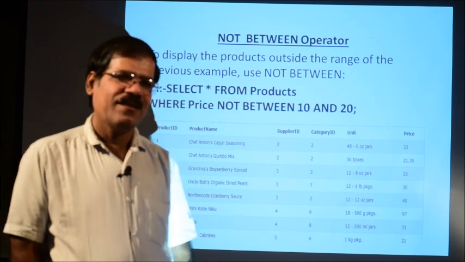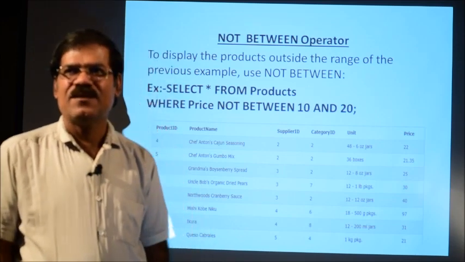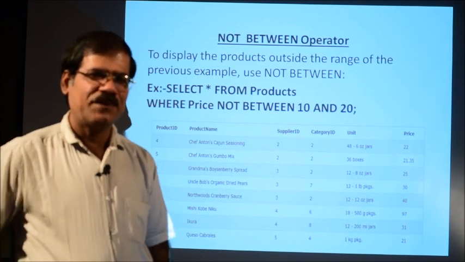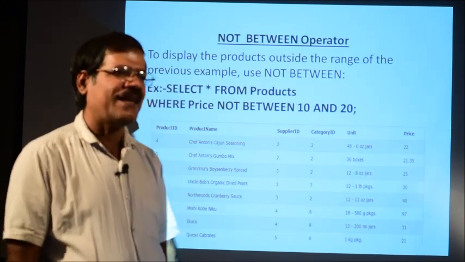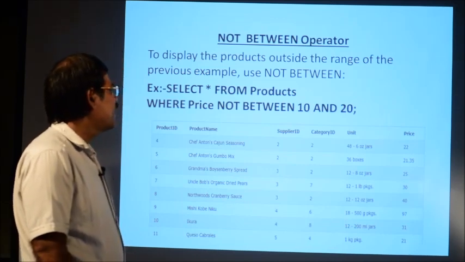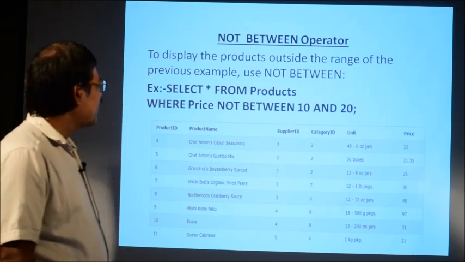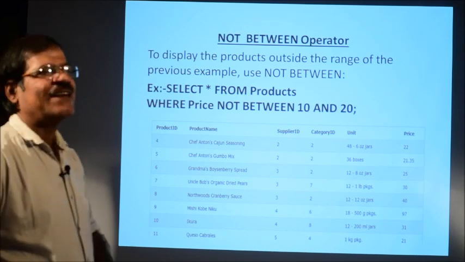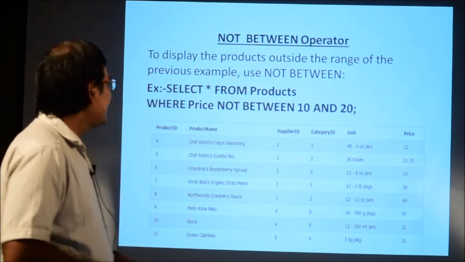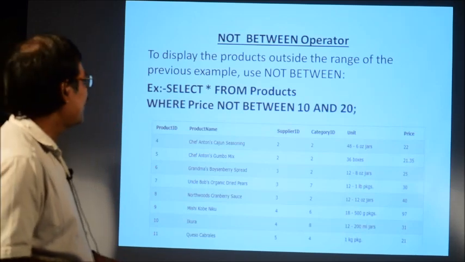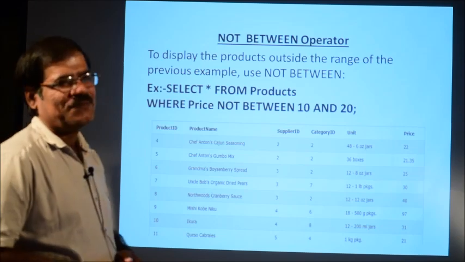The products whose price lies between 10 and 20 will not be selected. Besides those products, all other products will be selected and displayed on your screen. So to display the products outside the range of the previous example, it is not between 10 and 20.